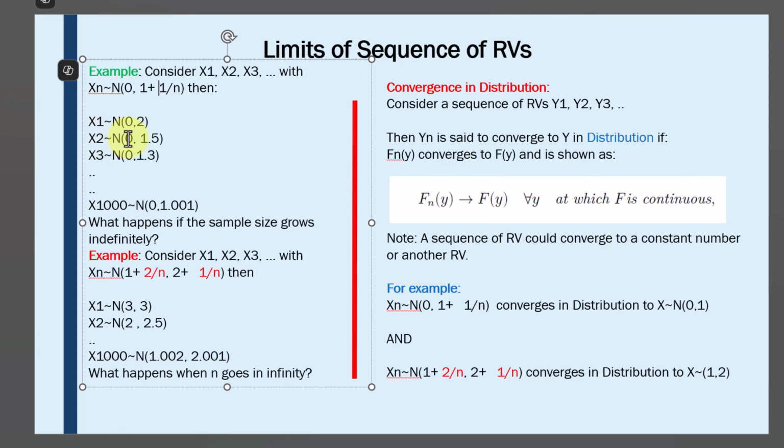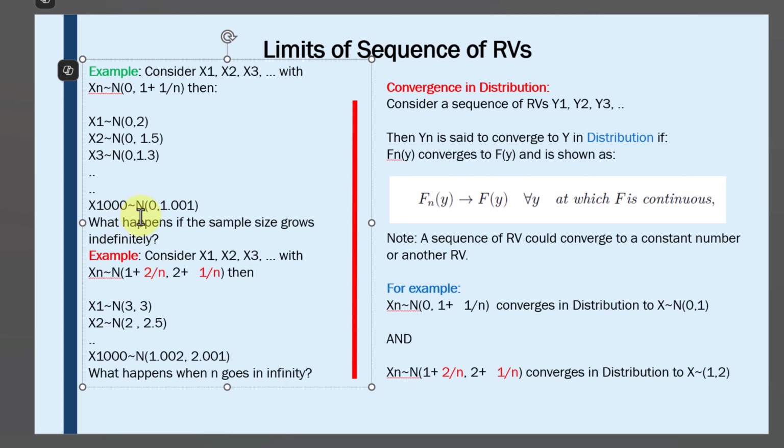X2 has a normal distribution with mean 0 and standard deviation of 1.5. X3 has a normal distribution with mean 0 and standard deviation of 1.3, and so on and so forth. As we increase n, which is the number of elements in this sequence, for example, X1000 will have a normal distribution with mean 0 and standard deviation of 1.001.